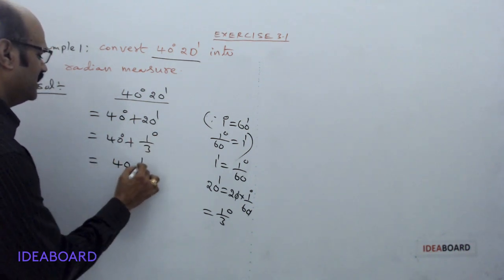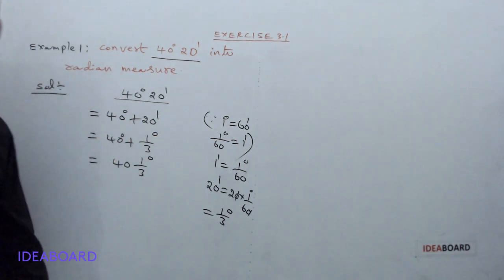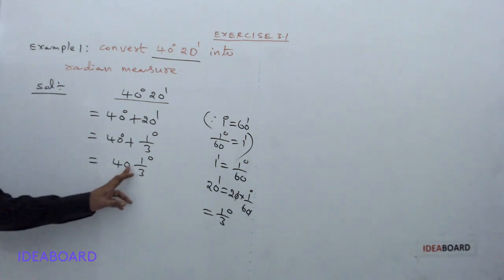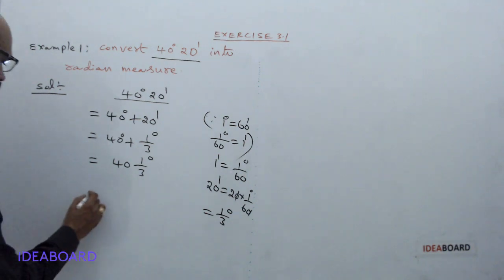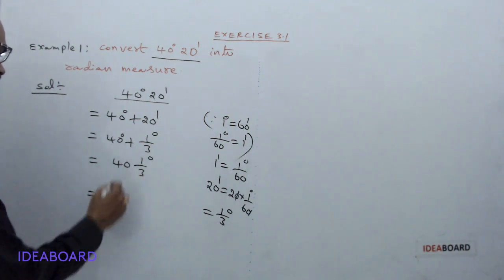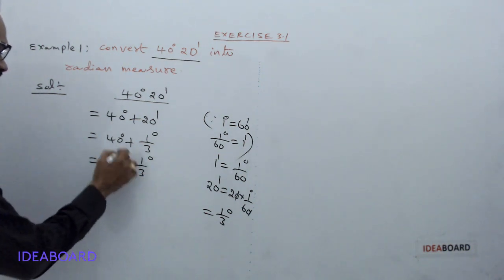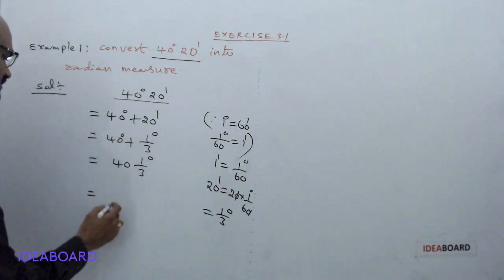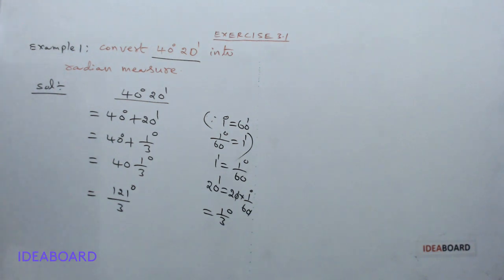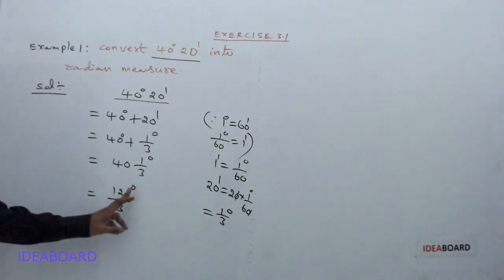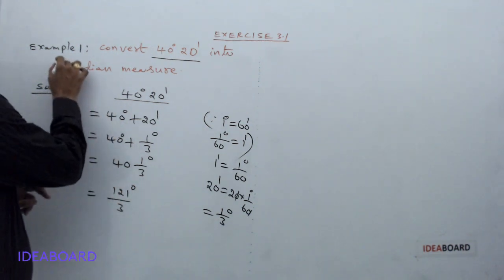So equal to 41 by 3 degrees. Now this can be taken as 40 plus 1 by 3 means 120 plus 1, 121 by 3 degrees.